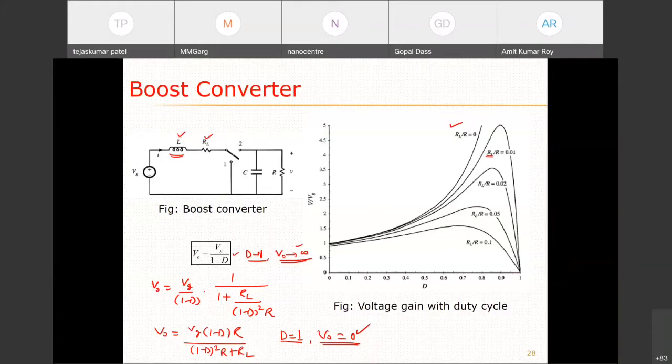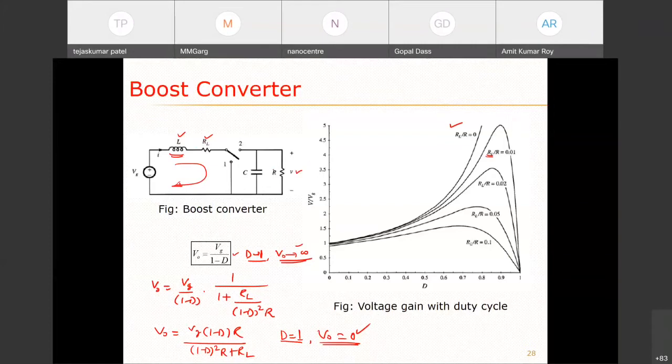But when RL is increased, like 1% of R, 2%, 5%, 10%, the peak is also reducing, and at duty cycle 1, the output voltage becomes 0, right? So here also we see that proper analysis of the converter is very much required.